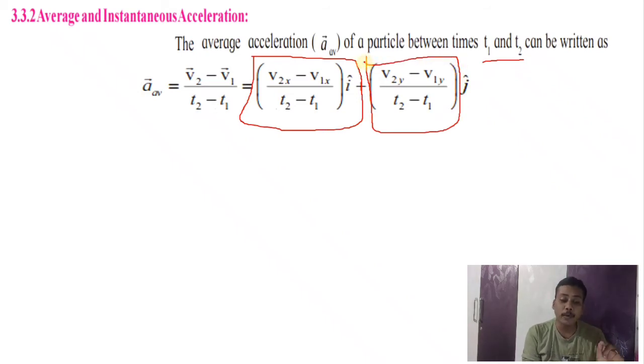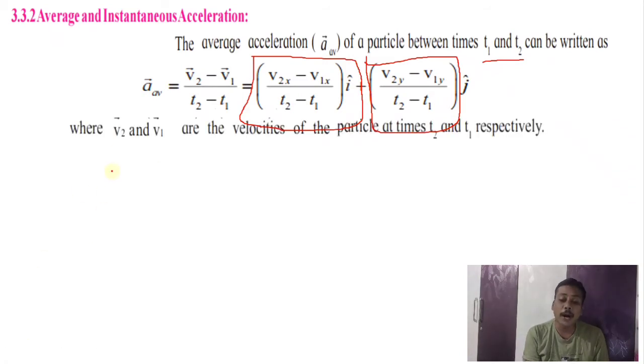The x component of v2 is v2x. The x component of v1 is v1x, upon t2 minus t1. So here we use the velocity change upon time but along the x-axis. Similarly we use v2y minus v1y upon t2 minus t1. This is the velocity change over time along the y-axis.